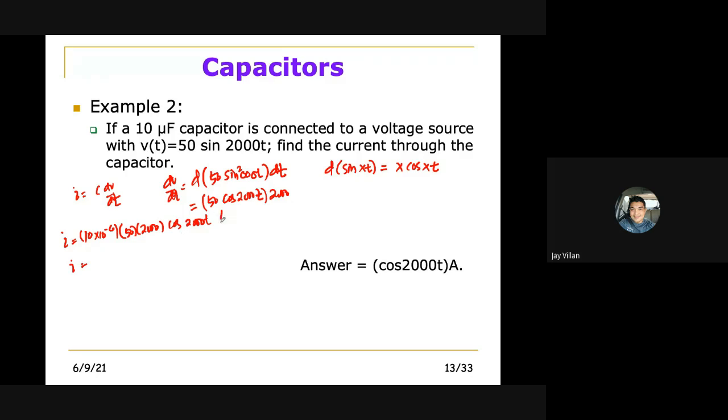Anybody? Is this equal to 1? Yes, sir. Okay, so cosine of 2000 t amperes.